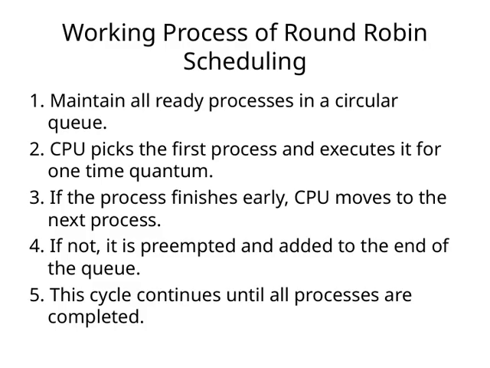However, if the process isn't finished, it gets preempted. That is, temporarily halted, and then added back to the end of the queue. This cycle repeats continuously until all processes are completed. The most important aspect here is how this cycle promotes fairness and responsiveness, making round-robin ideal for time-sharing systems. It's a simple, yet effective way to manage multiple processes efficiently while ensuring no process is left waiting too long.